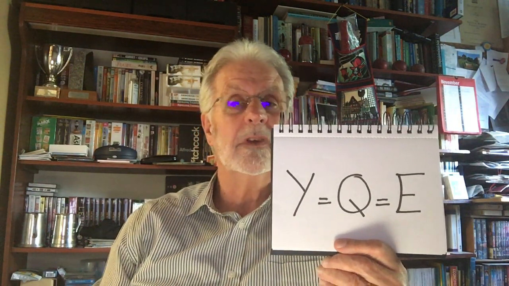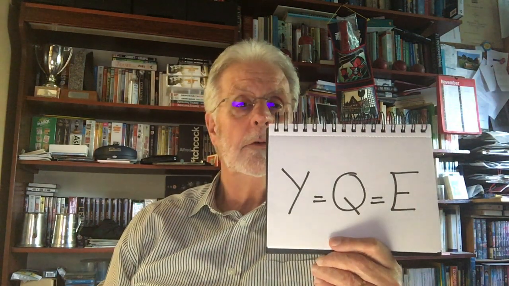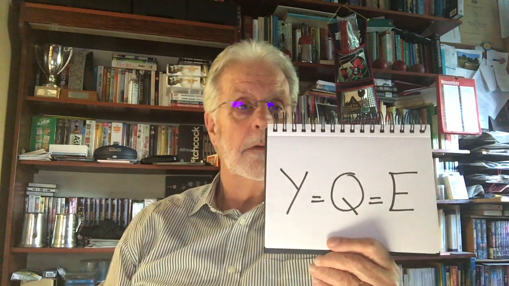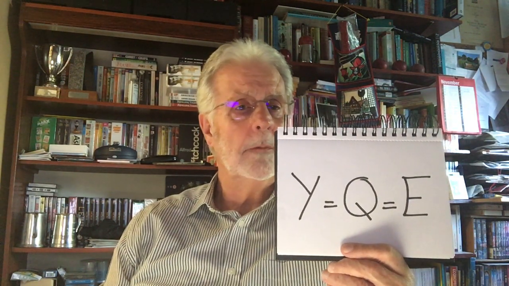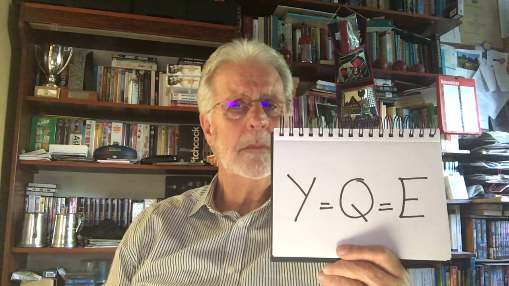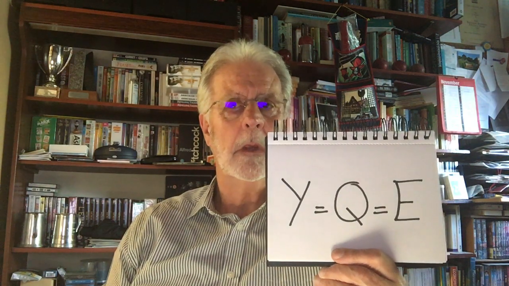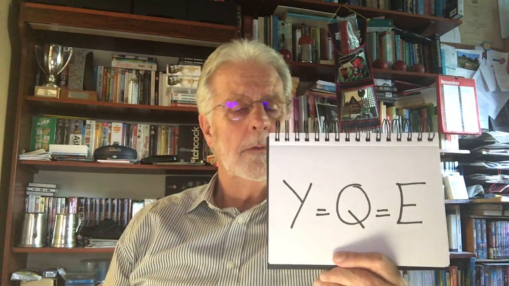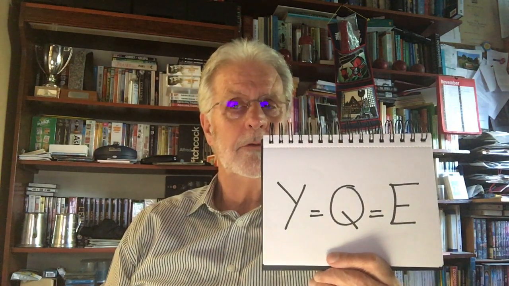Whenever you look at this, you come across these three things here: Y equals Q equals E, where Y is a measure of national income, Q is a measure of national output, and E is a measure of national expenditure, and theoretically they should equal each other, because you could measure over a period of time the sum of all incomes in the economy, and you get a national income figure. You could measure the national output of the economy, look at all the production that takes place in the economy and measure that.